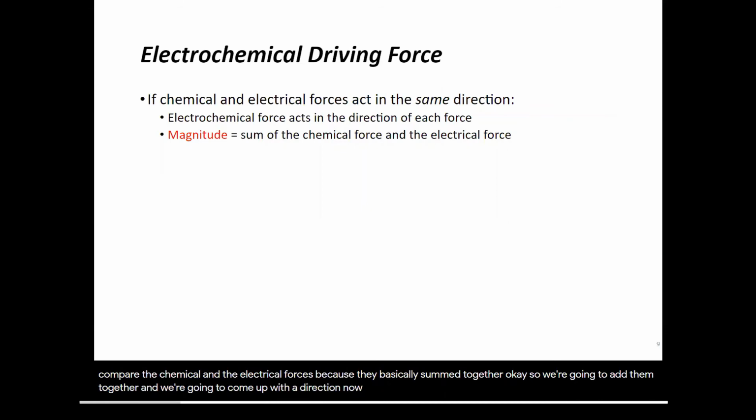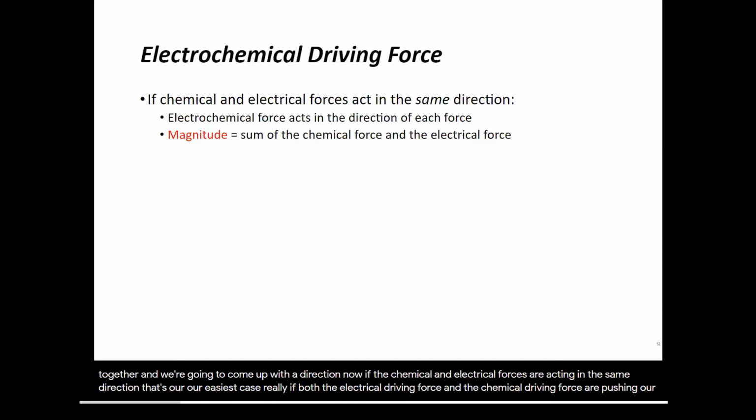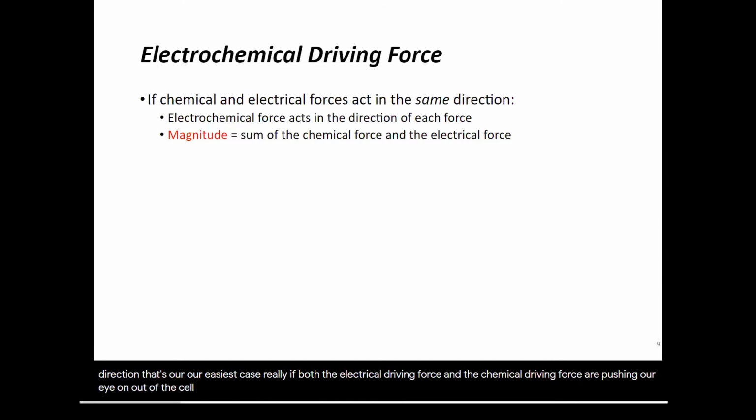Now, if the chemical and electrical forces are acting in the same direction, that's our easiest case, really. If both the electrical driving force and the chemical driving force are pushing our ion out of the cell, then our ion is going to want to move out of the cell.